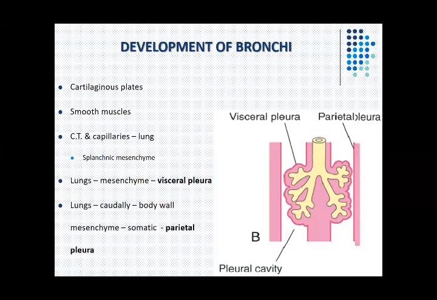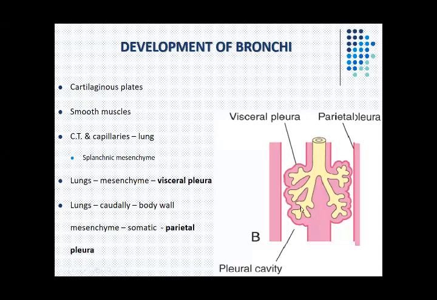अब देखो bronchi के level पे तो cartilage है ना, so this cartilage plus smooth muscles, connective tissue, etc. develops from the mesenchyme surrounding the developing bronchi. उसके अलावा the mesenchyme surrounding the bronchi and lung tissue develops into visceral pleura.